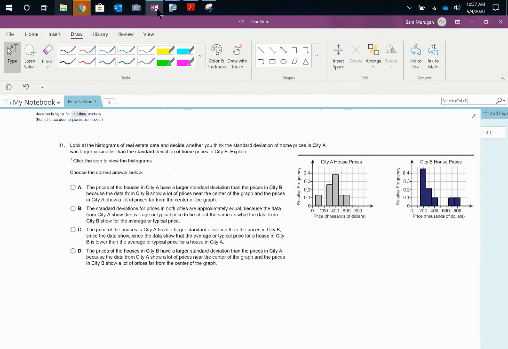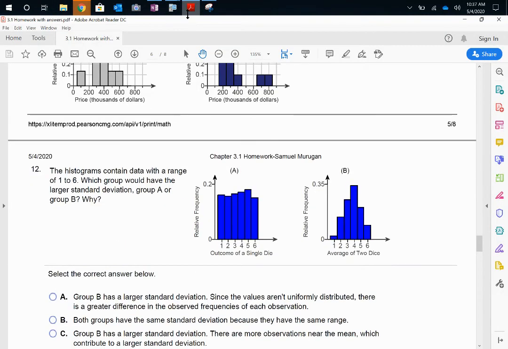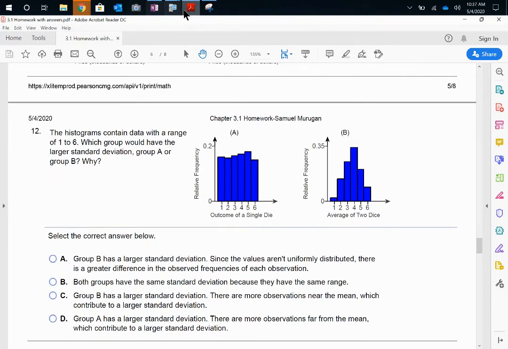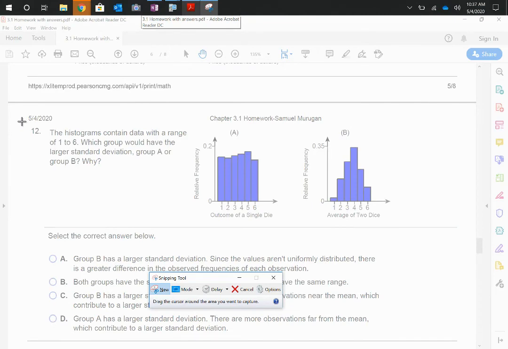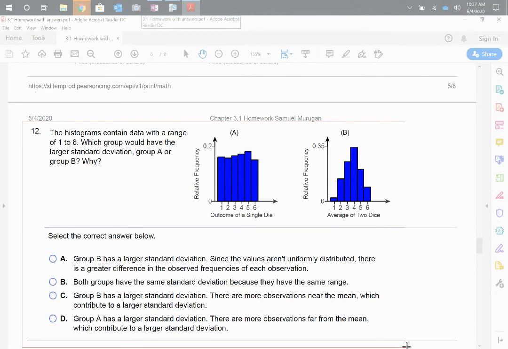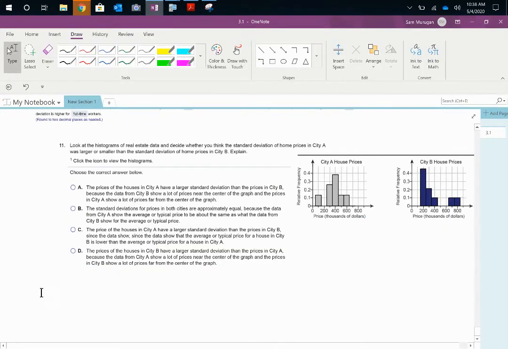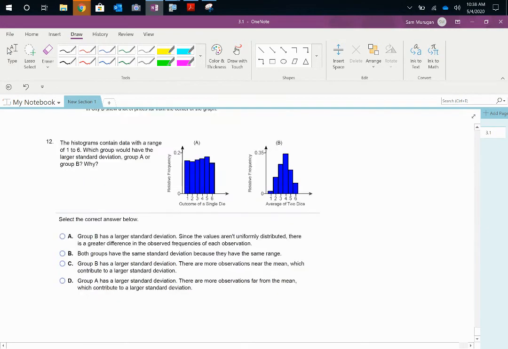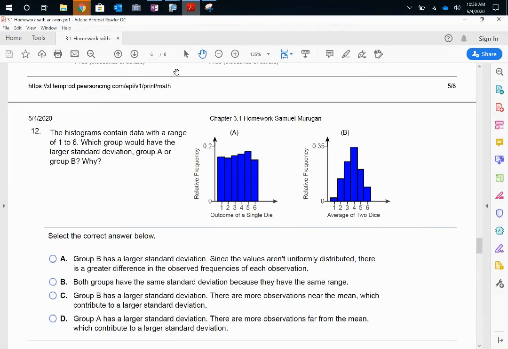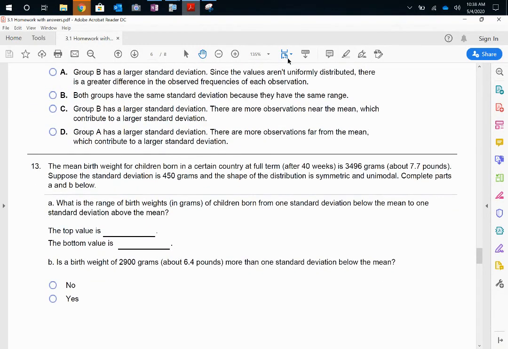Okay, let me copy question 12 since I'm here. And perhaps question 13 as well, so we can wrap this up. Question 13 is the last question, isn't it? Yep.